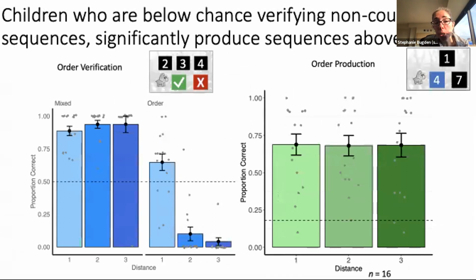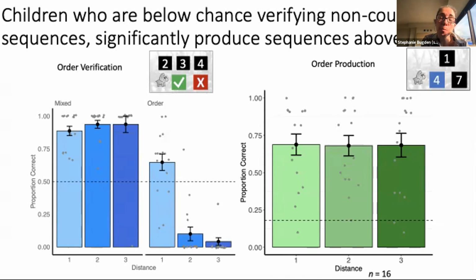Just really quickly, 30% of the kids could not perform the far distance trials above chance. You can see on the left that the kids are far below chance, where they're indicating that the non-count list sequences are not in order, even though they are.